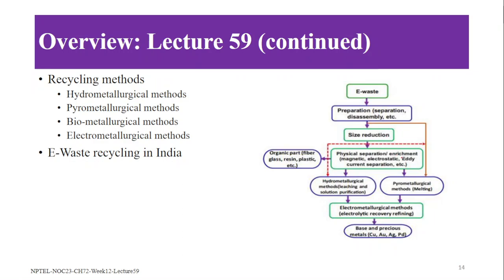Then physical separation and enrichment occurs, and the material then goes to the hydrometallurgical route or the pyrometallurgical route. Pyrometallurgy is basically smelting, the melting down of the metals, and hydrometallurgy is basically leaching through acidic solution. The electrometallurgical method includes electrolytic recovery and refining, and finally we get the base and precious metals.